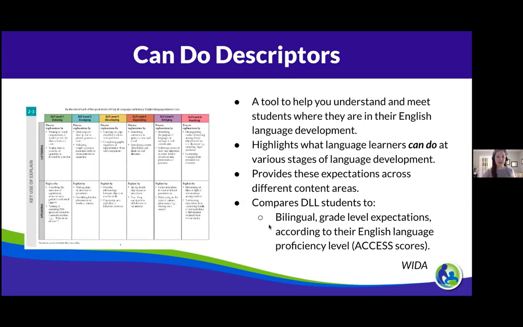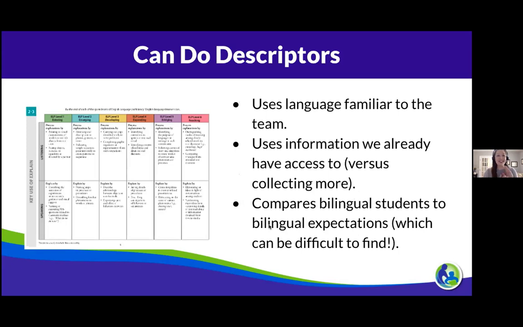So let's dive in a little bit deeper. This is the what do I like about these can-do descriptors. So these are my preferences and things that I highlight as benefits personally. It uses language that's familiar to your team. This is building off of the ACCESS scores.